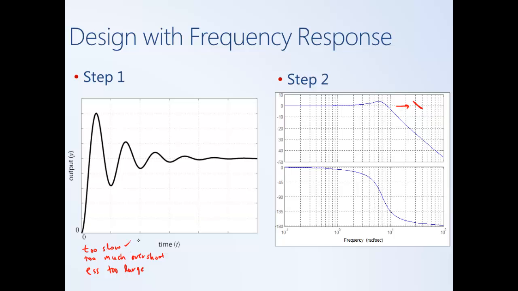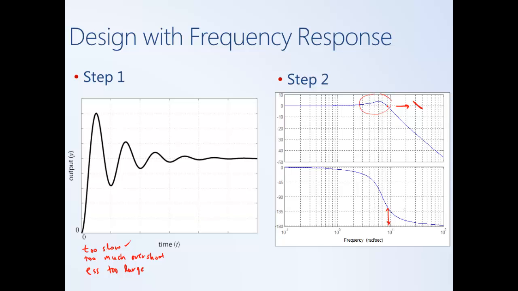Okay. Now let's look at the overshoot requirement. We want to bring the overshoot down. How do we do that? So one thing to look at is, we may want to bring down this resonant peak. Another thing to look at is the system's phase margin. The phase margin is how far above minus 180 degrees the phase is at the gain crossover frequency.